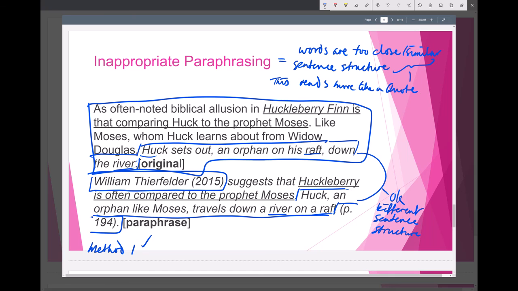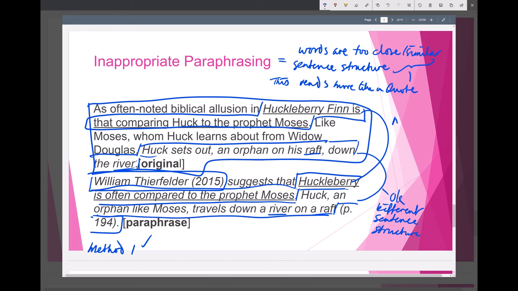But look at this phrase. Huckleberry is often compared to the prophet Moses. And I'll box the phrase that is a problem. This one is not okay. Sure, you change the words, but you have the same sentence structure.